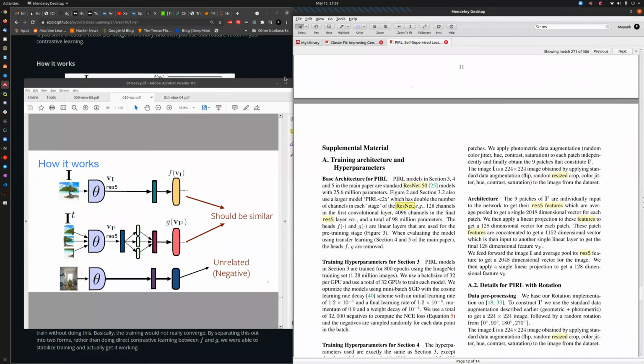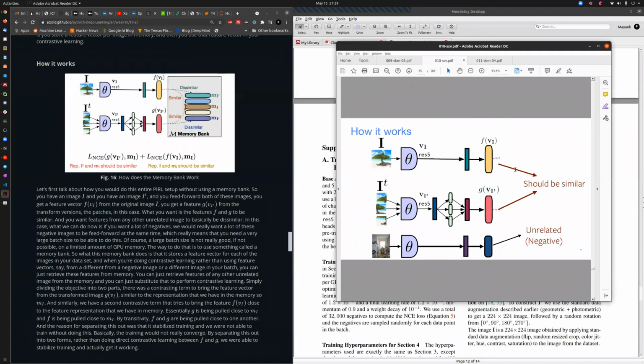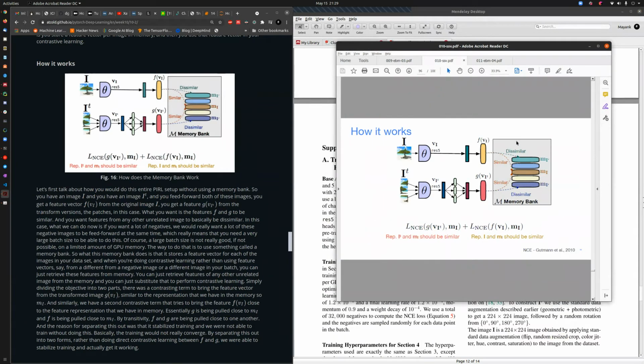So yeah. And then we go on to how it works. So yep, feature similarity, dissimilarity between those features in a memory bank. And yeah, this is simple.